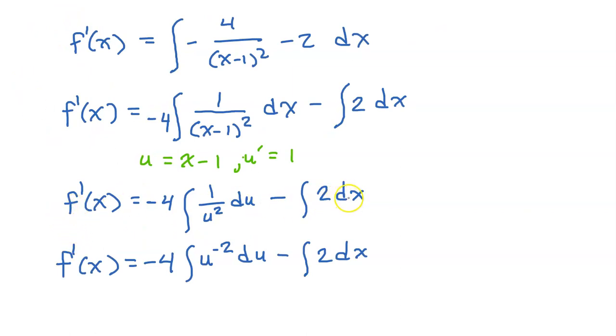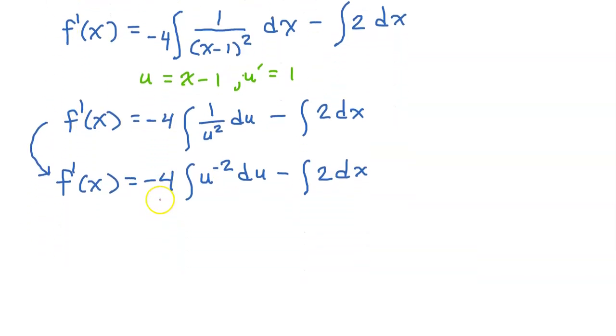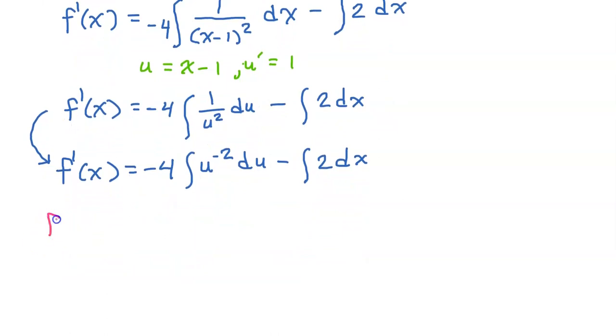So now we have this. And of course, 1 over U squared is the same as U to the negative 2 power. So feel free to skip this step and go straight to this. It's time to integrate. So we have f prime is equal to, I'm going to add 1 to this exponent.